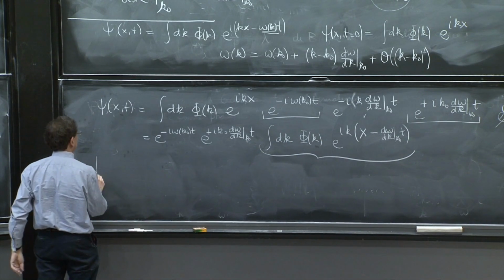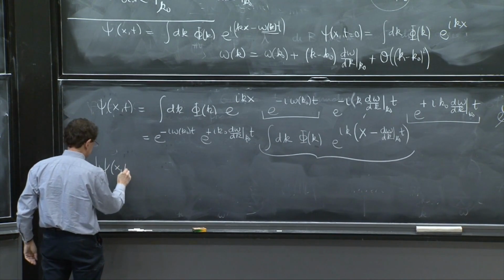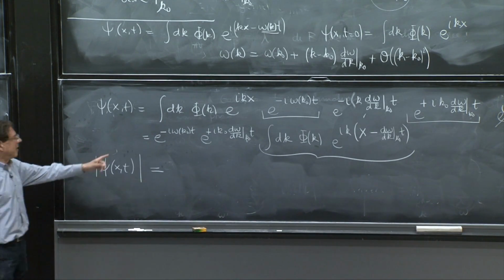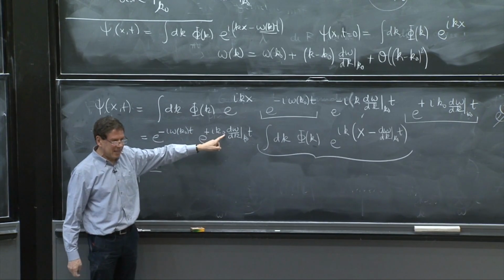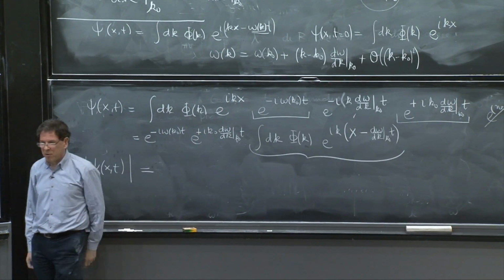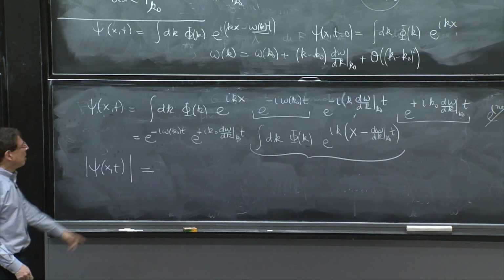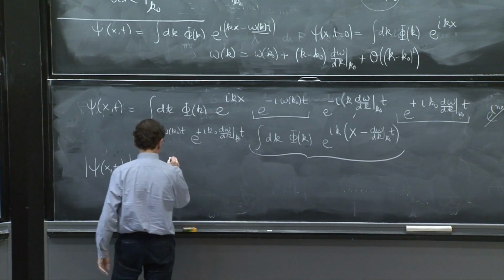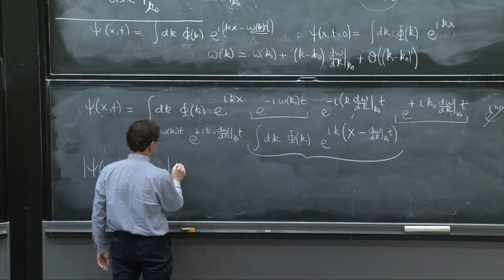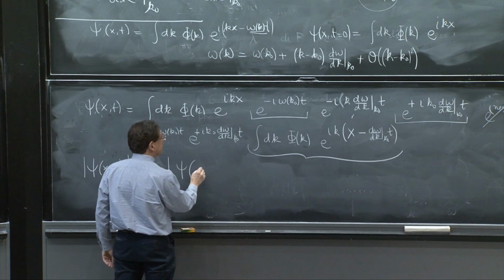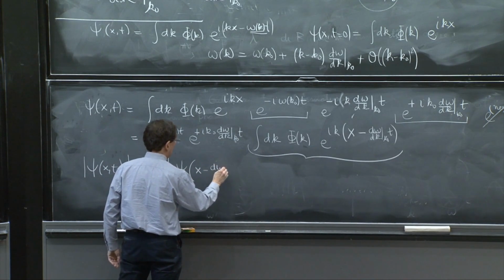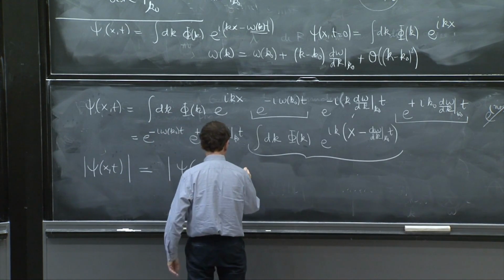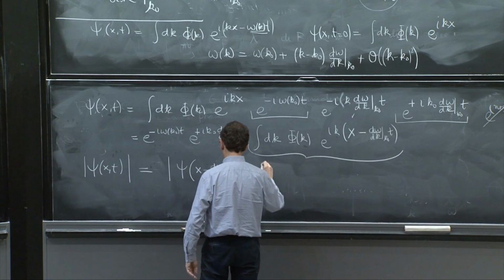So take the absolute value of psi of x and t. And now you say, this is a pure phase, and the absolute value of a pure phase is 1. So it's just the absolute value of psi at x minus d omega dk at k naught times t, comma, 0.